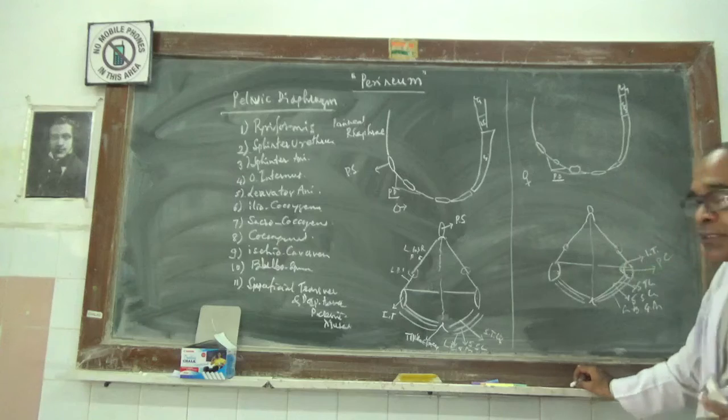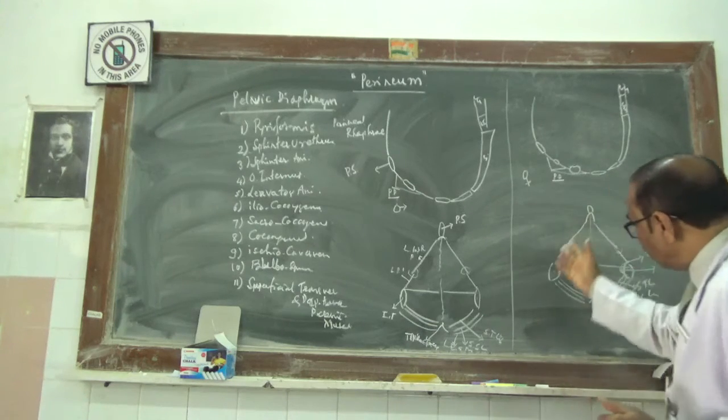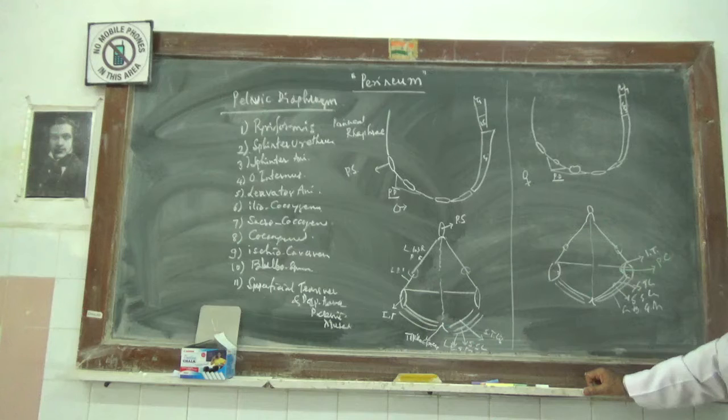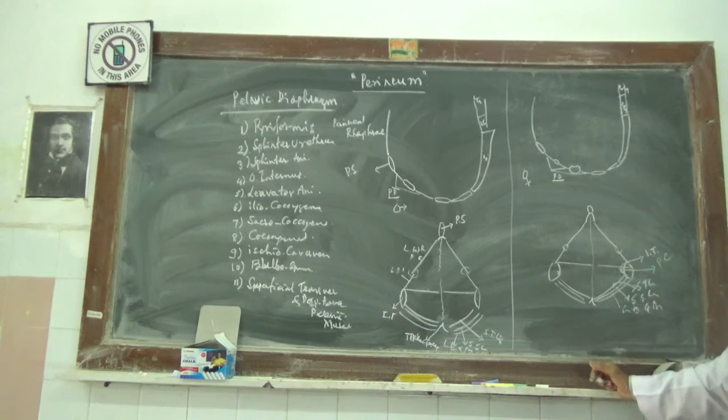Then this space, when you see it, is diamond-like: one inverted triangle placed on another triangle. So it appears like that. It is diamond in shape.